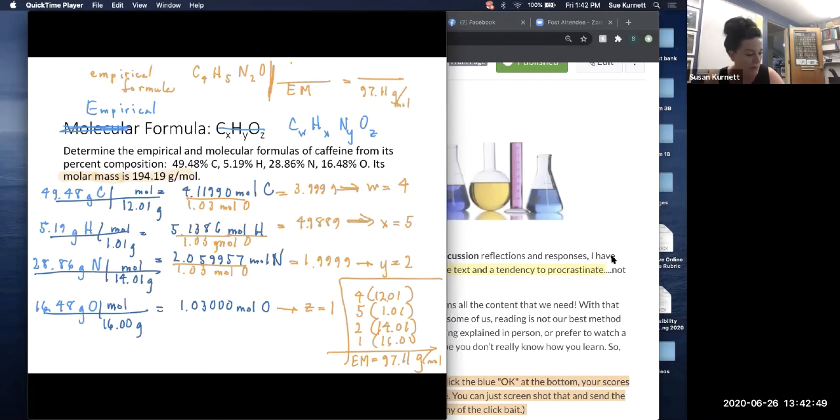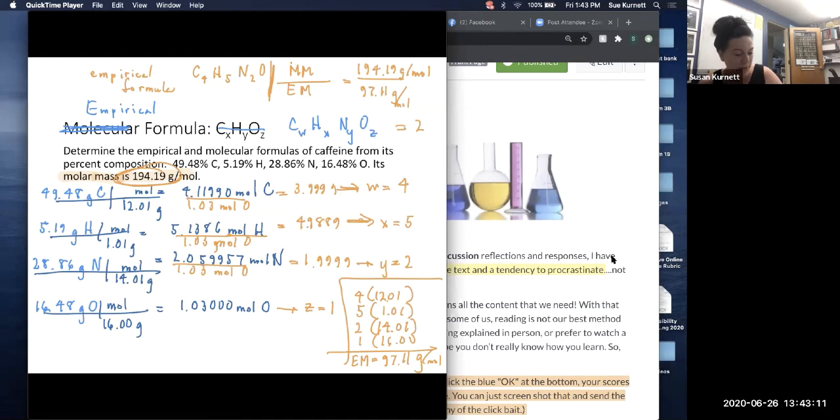And I'm told that the molar mass is 194.19 grams per mole. And let's see what that ratio is. 1.9996.